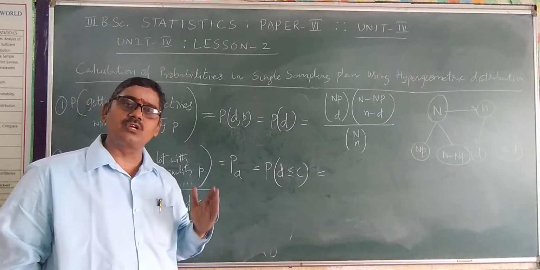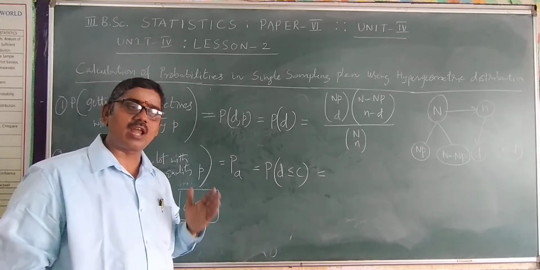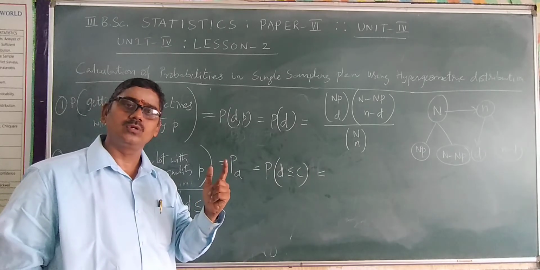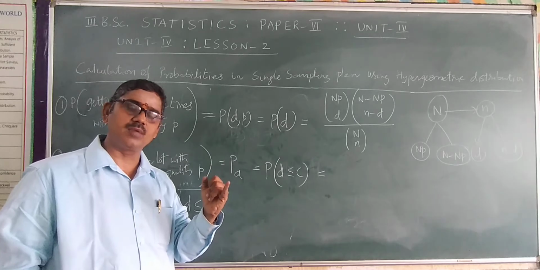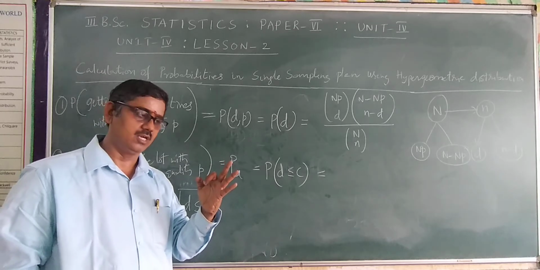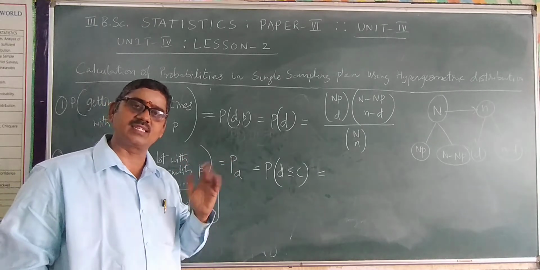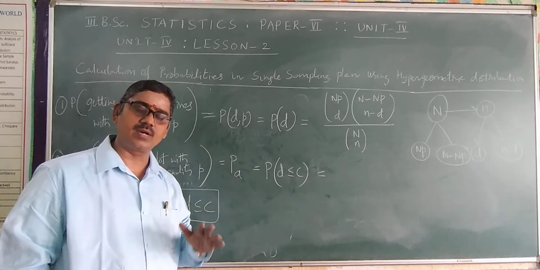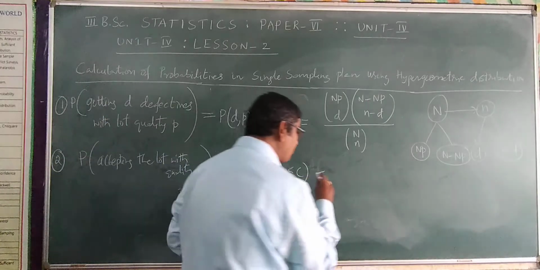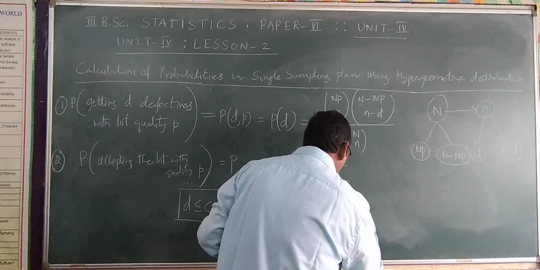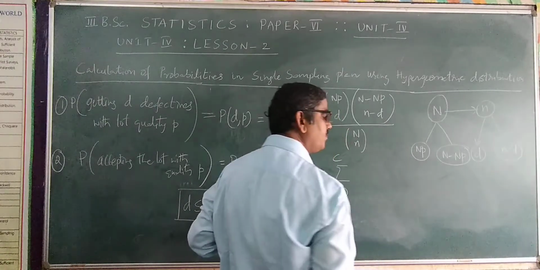For example, c equals 2. Then d takes the values 0, 1, 2. It may be 0 defectives, 1 defective, or 2 defectives. Then only can the lot be accepted, otherwise it is rejected. So therefore I am writing the summation from d equals 0 to c.